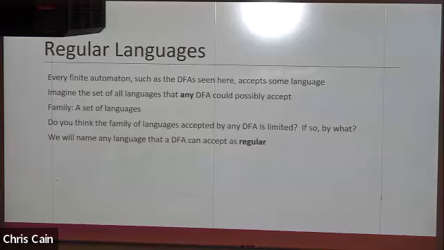They don't store state aside from the state that you're in. There's no storage, there's no memory associated with that. So that ends up being a big limitation for it, but it's a nice definition for a family of languages that don't rely on storage. They just rely on which state you are in and not on any history of what you've visited.